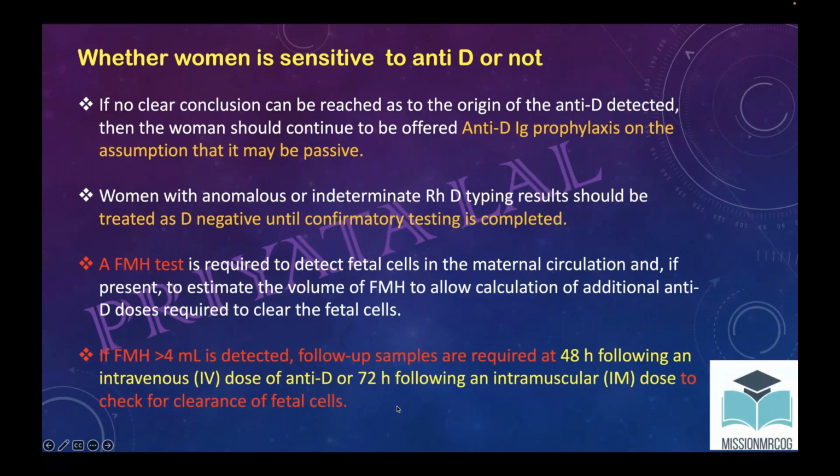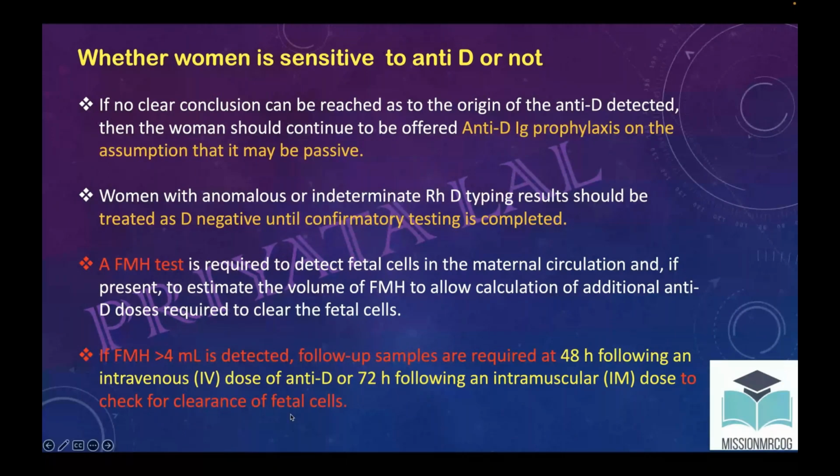So this is like a follow-up sample to find out whether complete clearance has been done or not, because that much time will be required for fetal cells to get cleared from the maternal circulation.